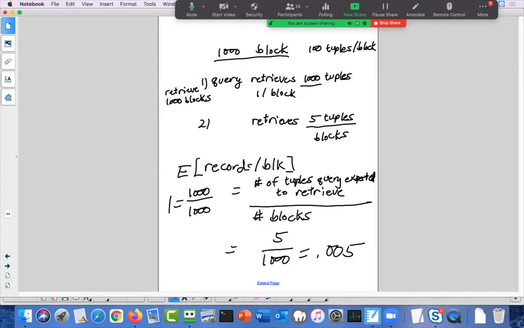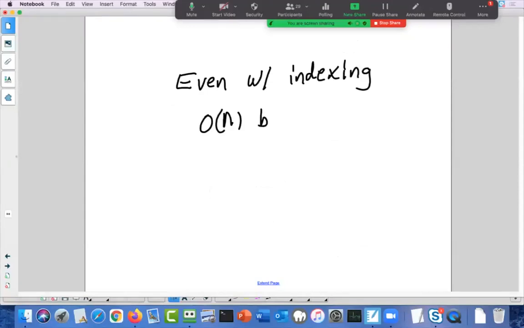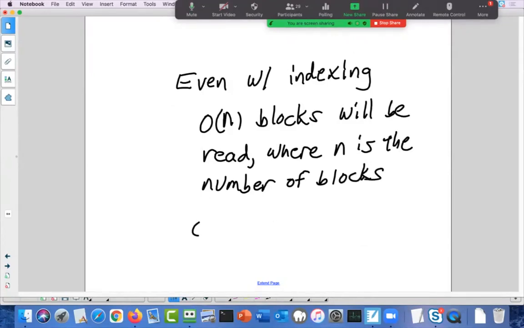Another way to think about it is, if even with indexing, order n blocks will be read, where n is the number of blocks, then the index is probably worthless. But if instead it can reduce it to order 1, a constant number of blocks, then it's worthwhile.